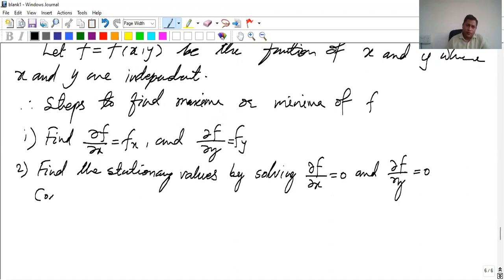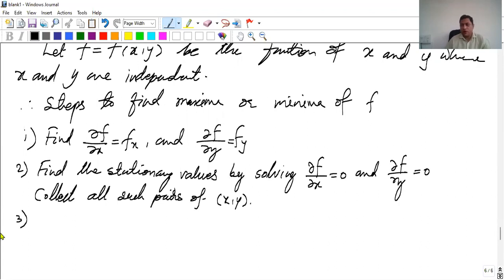So here we collect all such pairs of x, y which satisfy these two equations.